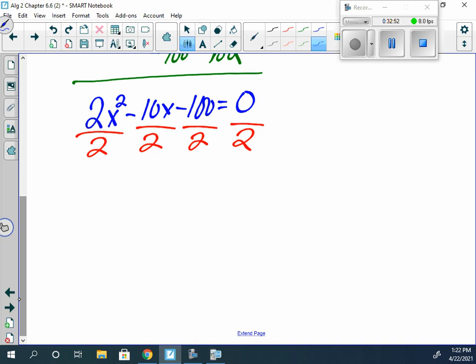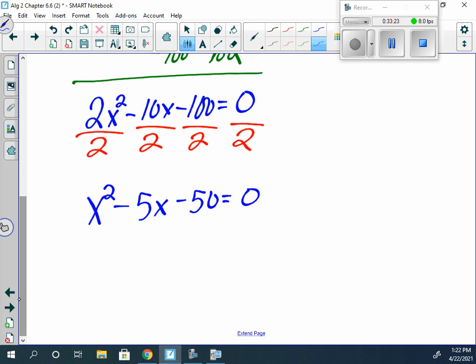Well, 2x squared divided by 2 would be x squared. Negative 10x divided by 2 is negative 5x. And 100 divided by 2 is 50, and 0 divided by 2 is 0. Now, what we're doing is dividing the whole thing by a scalar. That 2 is just a scalar. It's scaled everything up by a factor of 2.